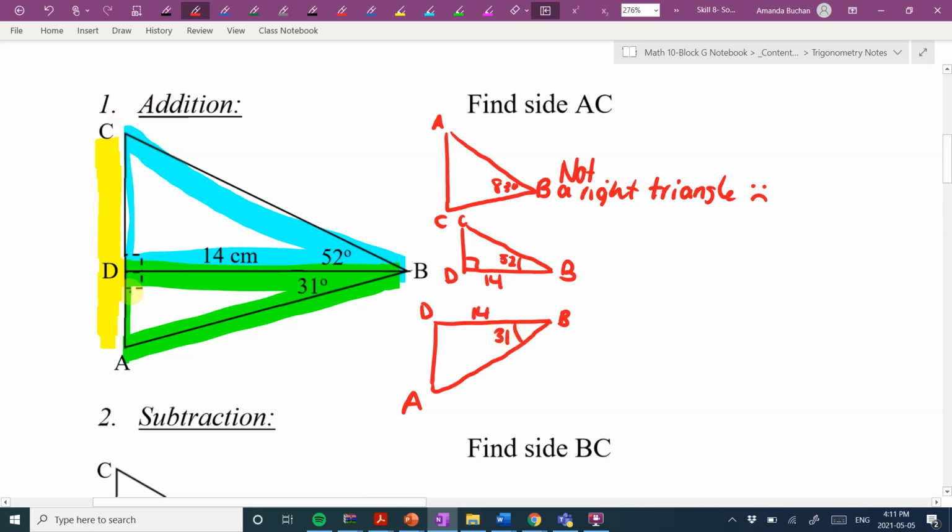Now, I can't find ADC all at once, but if we say this is one and this is another, the length that I'm looking for is going to be the first length plus the second length. So as long as I can find those two lengths, I can still find the missing side.